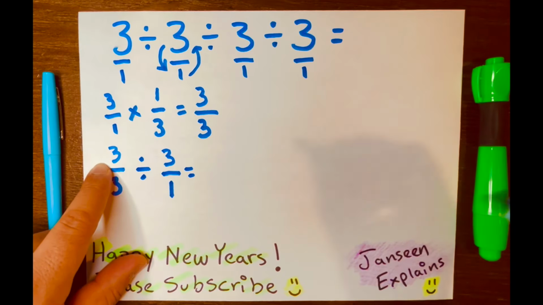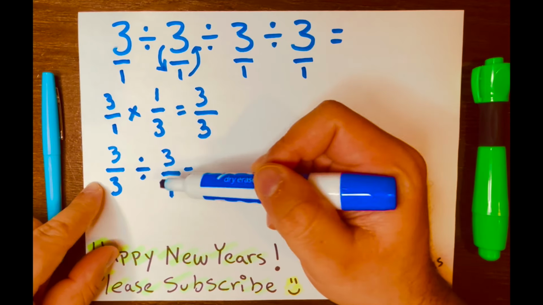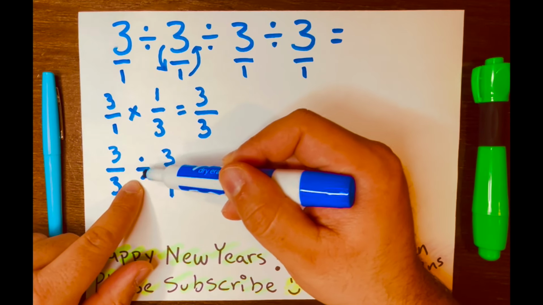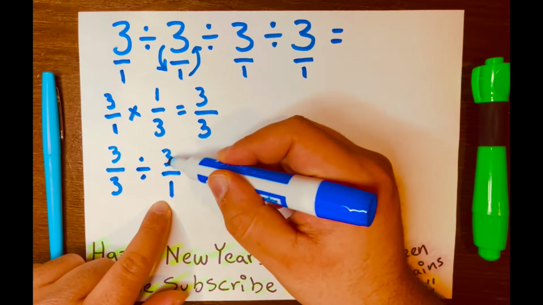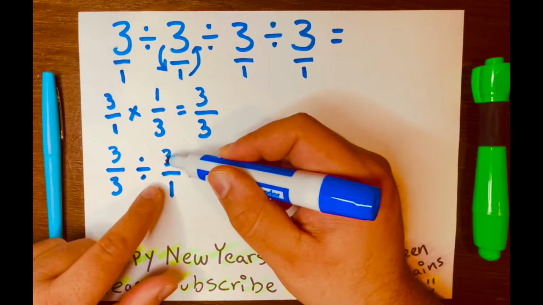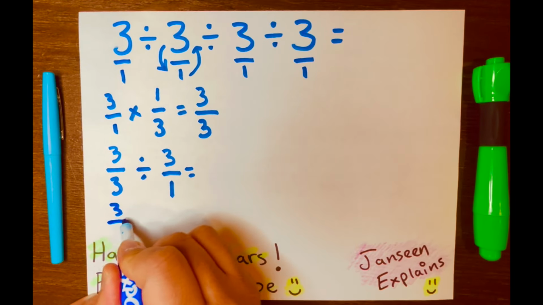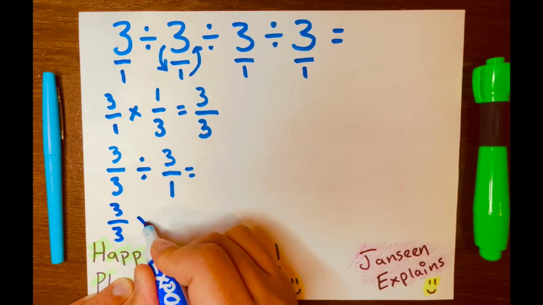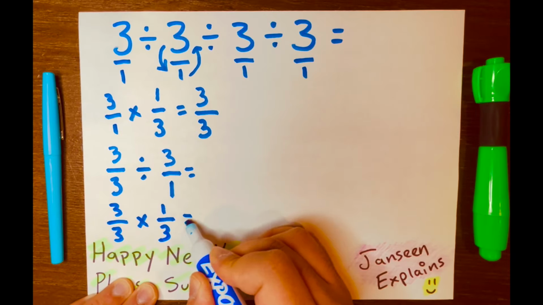Now, again, same method, keep, change, flip. We'll keep the 3 over 3. We'll change the division to multiplication. And then lastly, we're going to flip 3 over 1, becoming 1 over 3. So I'll write it here. So 3 over 3 times 1 over 3 equals.